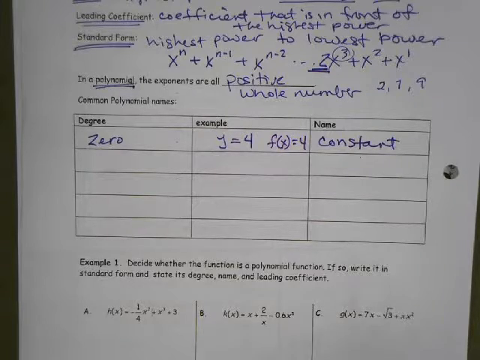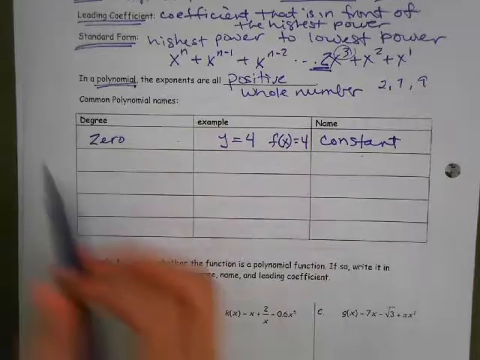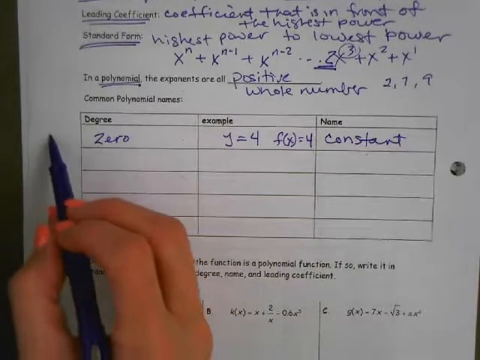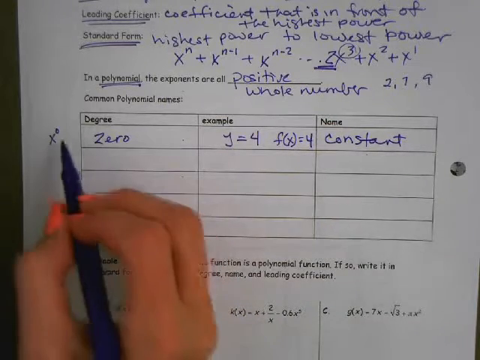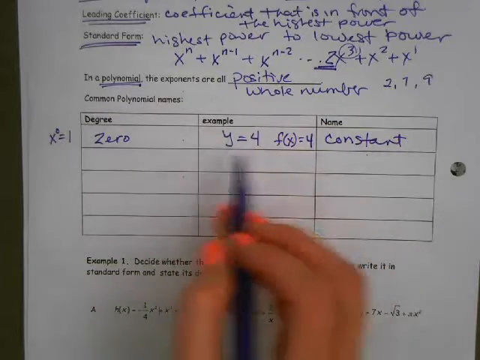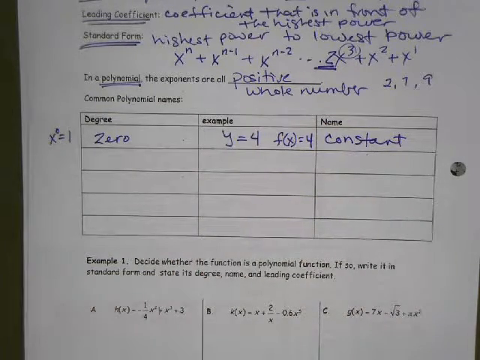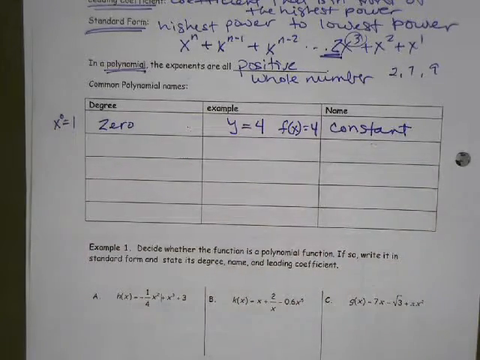So basically you have a function that is just a number. It is a constant. And if you recall, a variable to the 0 power equals what? 1, right? Hence a constant. So you could actually have an x to the 0 here, you just don't see it because it's 1.